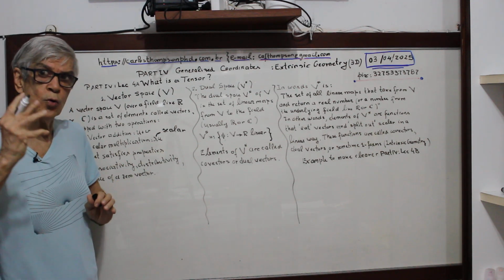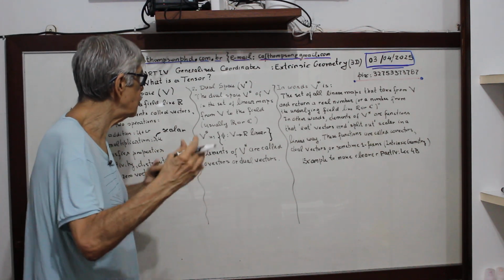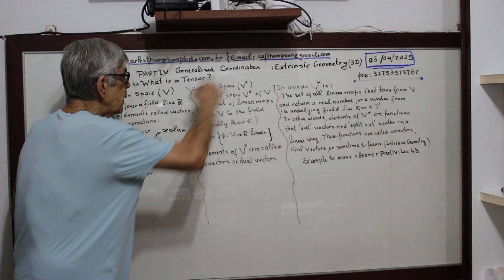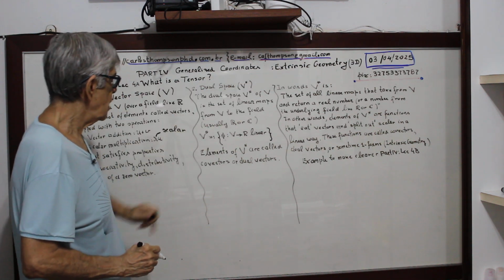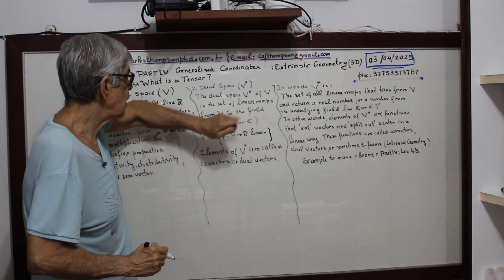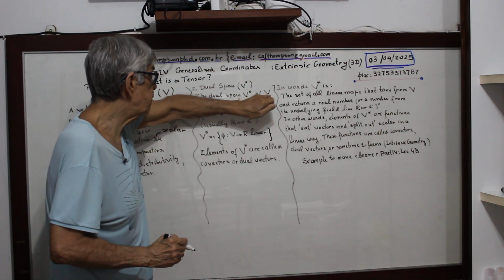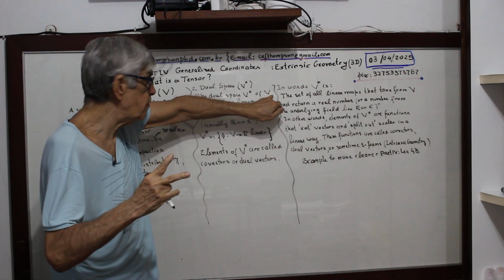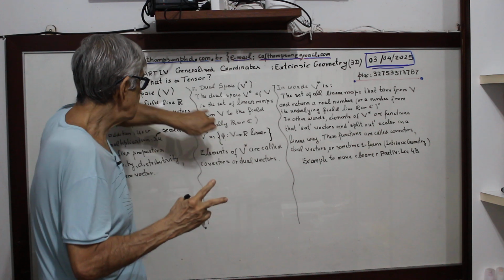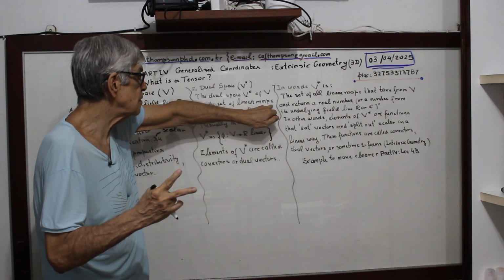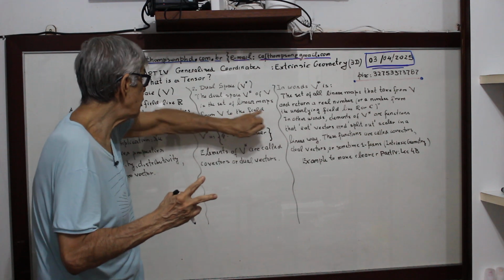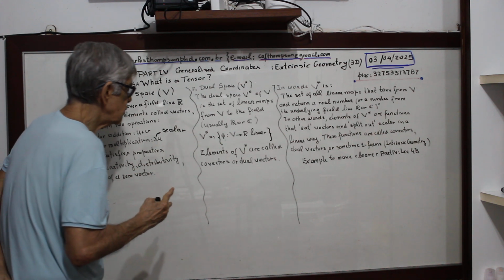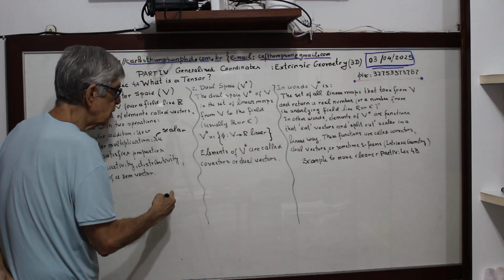Now, the new concept for you, for undergraduate students mainly, is the dual space V star. The dual space V star is related to the vector space V. It's a set of linear maps from V to the field, usually real numbers or complex numbers.